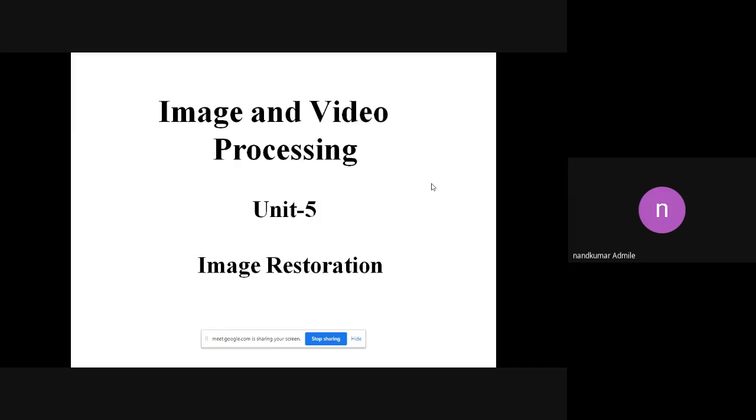So what is restoration? Restoration is a process to restore an image which is affected by noise. Simply, image restoration means we have to restore the image which is degraded by noise.